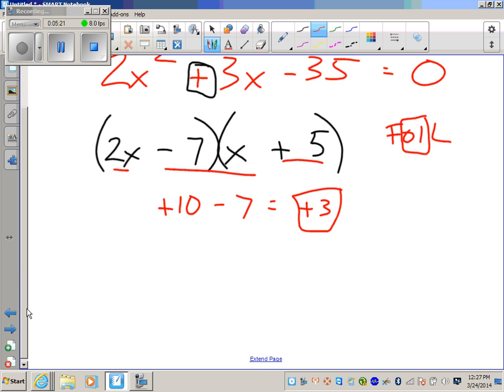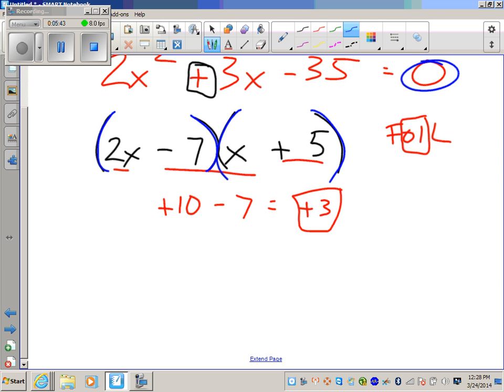Now, once you get here, what we'll then do is essentially think about it. You have to make this whole thing equal 0. What do the parentheses tell you what operation is happening? Parentheses jammed up right next to each other, multiplication.